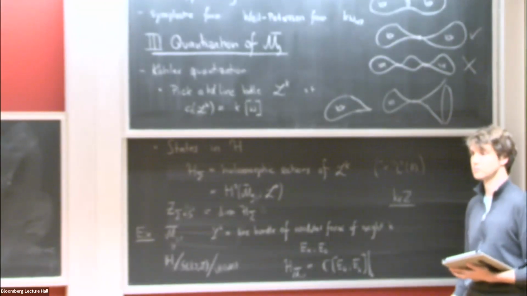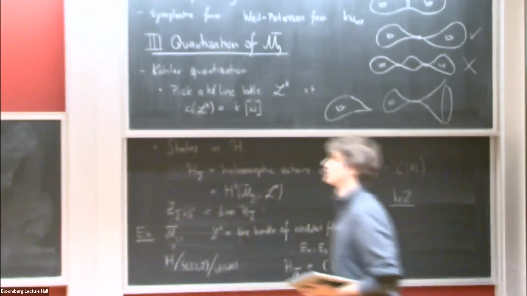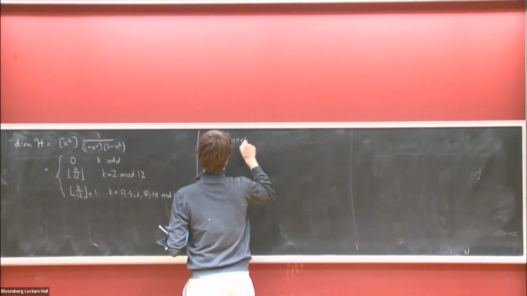What's the connection between the Z2 automorphism and the modular forms? It's just that modular forms are defined to have this transformation property.